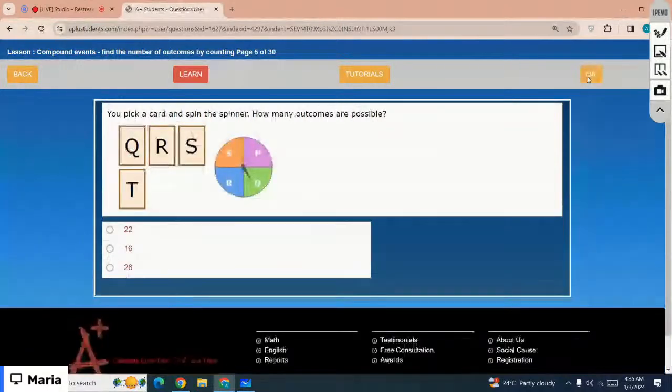The next one is you pick a card and spin the spinner. How many outcomes are possible? So, which is the correct option?